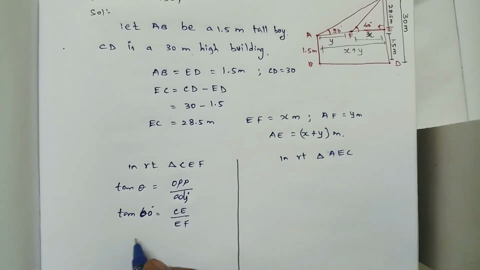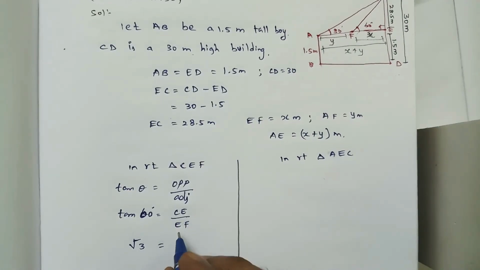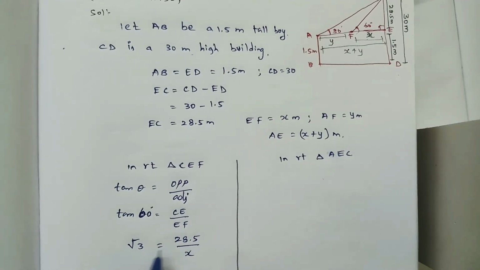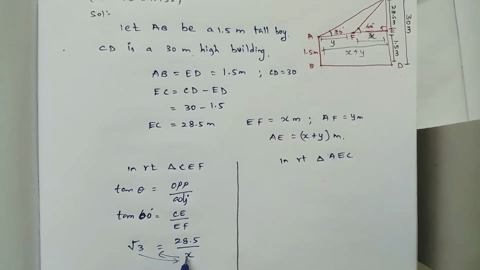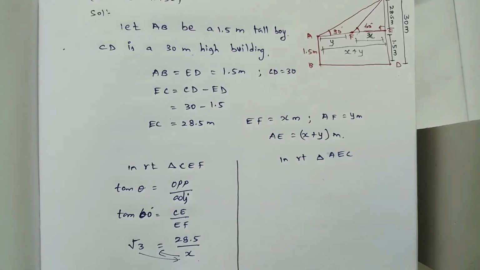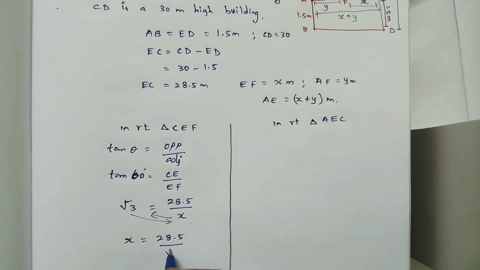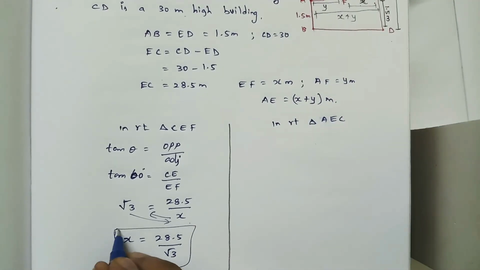Tan 60 degree is equal to root 3 is equal to, what is the value of CE? That is 28.5 divided by X, right? Just bring this X to the LHS and root 3 to the RHS. Denominator goes to numerator, numerator goes to denominator, right? So then X is equal to 28.5 divided by root 3. You just keep as it is. Finally, we can simplify, right?